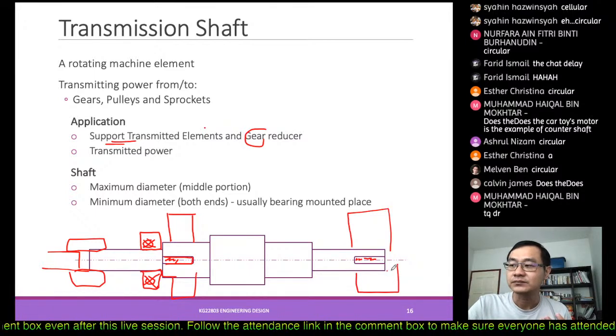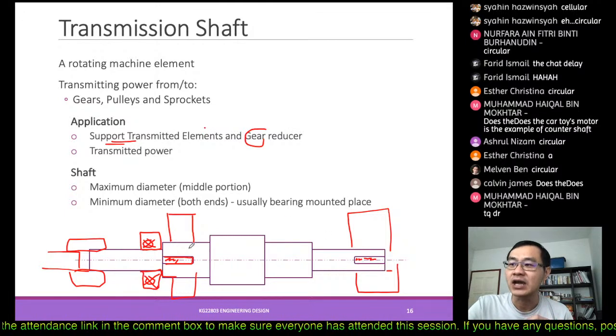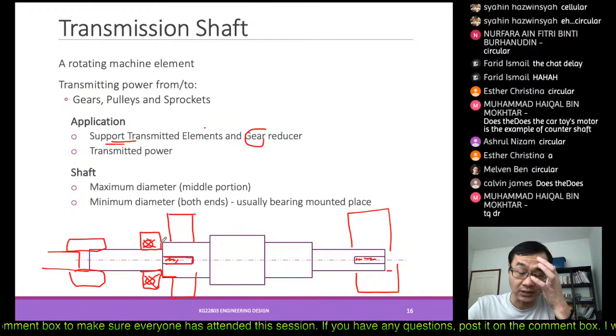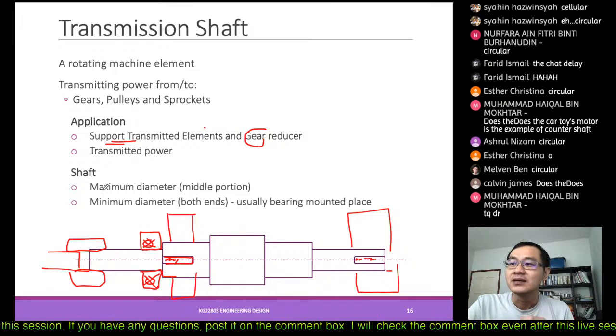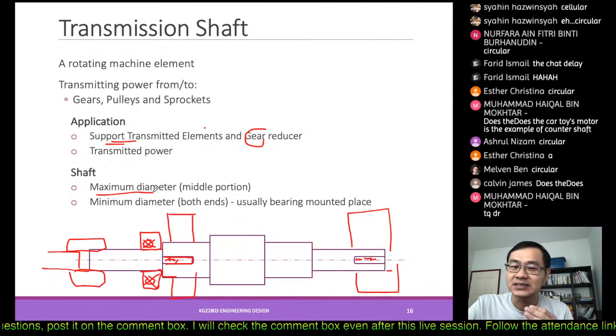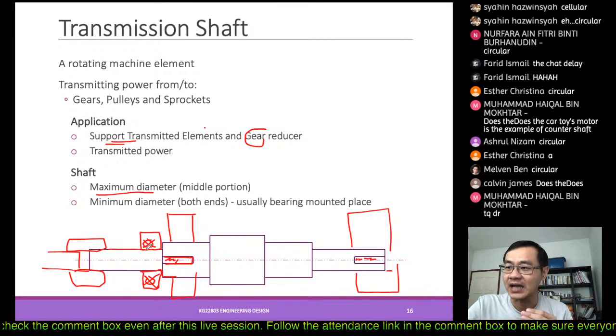So the shaft itself, besides transmitting power, has to support or locate the elements. Because of this, we want the design of the shaft in the kind of step.